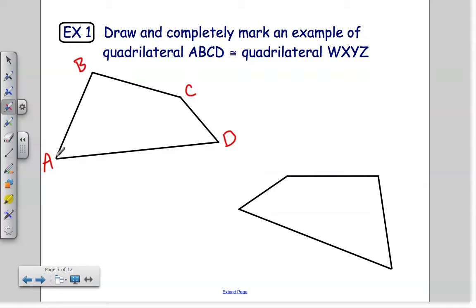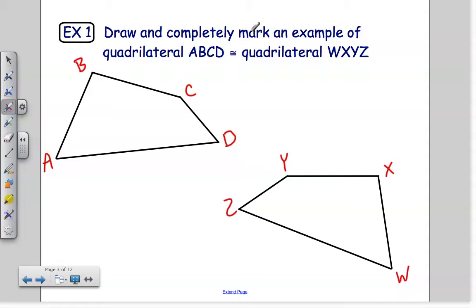So A was here, and I believe the one that matches up there would be here. So that gets W. Now B, second letter, has to match up with X because that was the second letter. So I'm guessing I go this way. And it should, W, X, Y, Z, continue this way around. And let's see, A, B, C, and D. Yeah, C to D is the shortest side. Y to Z is the shortest side.